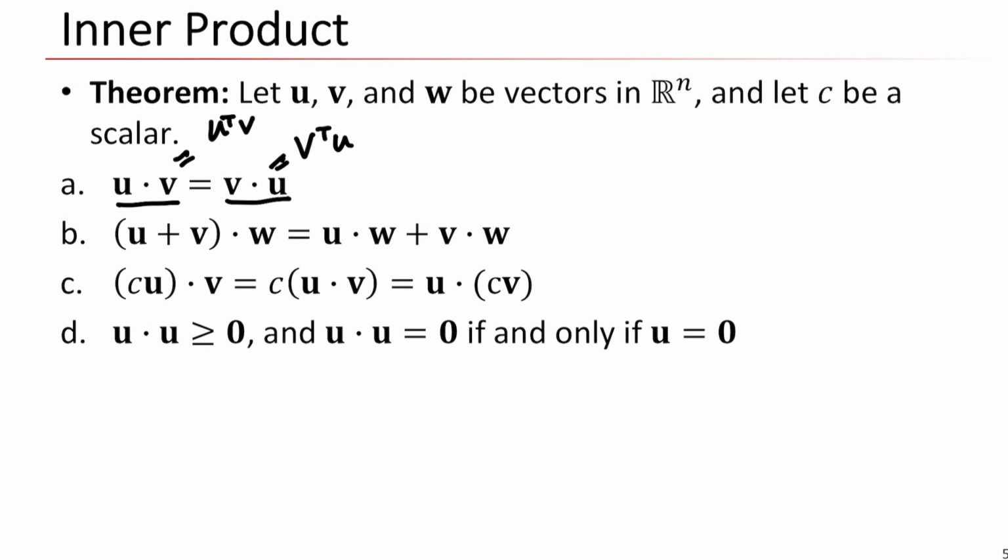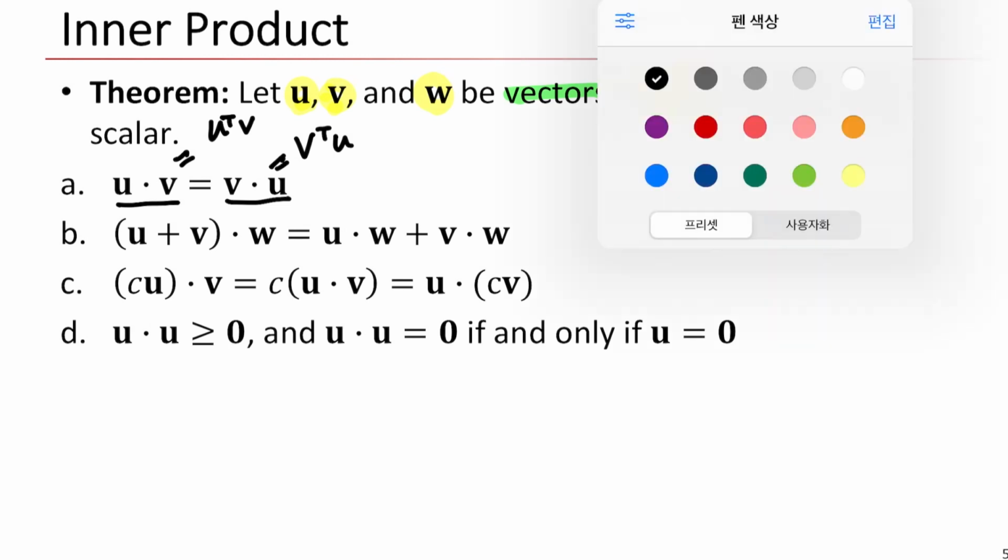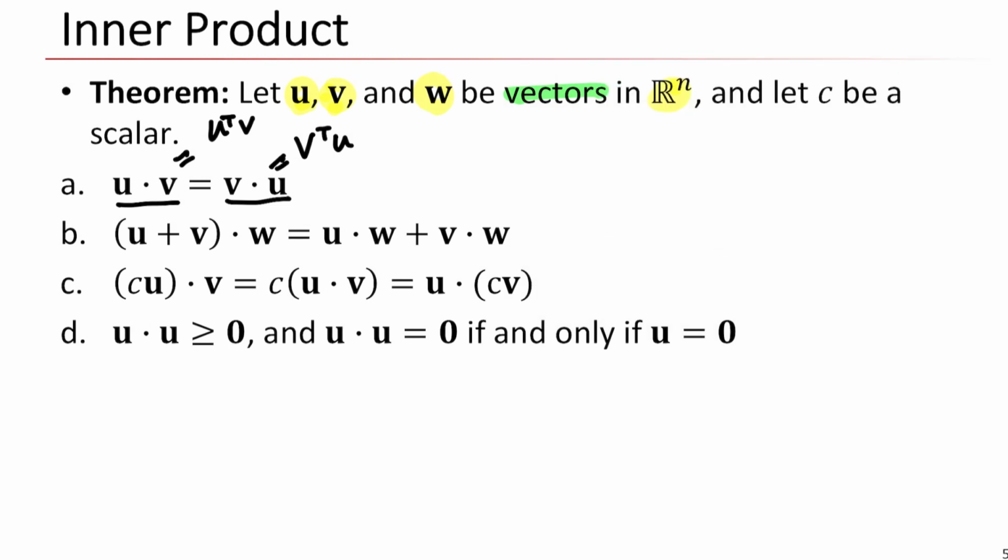Okay, so let's say there are vectors u, v, w. Because they are defined in the R^n space, this is just a vector, right? The shape is something like n by 1.